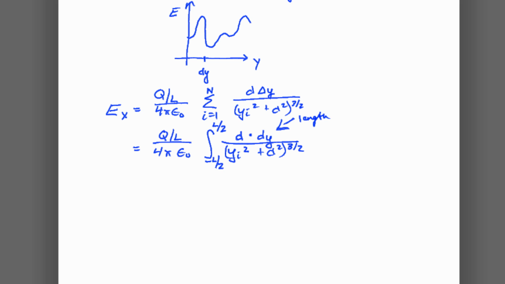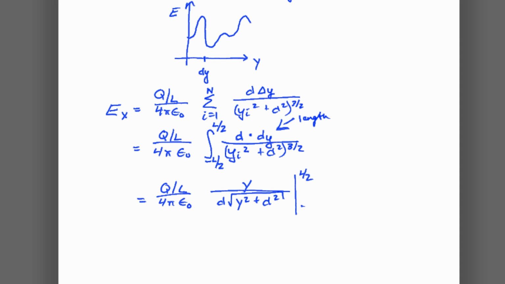Now, this is a standard integral that hopefully you have learned in calculus already. If not, look it up when you're doing these types of problems. So I'm not going to go through the mathematics of evaluating the integral. We'll just move on to what the integral ends up becoming. This integral, when evaluated, turns into this.